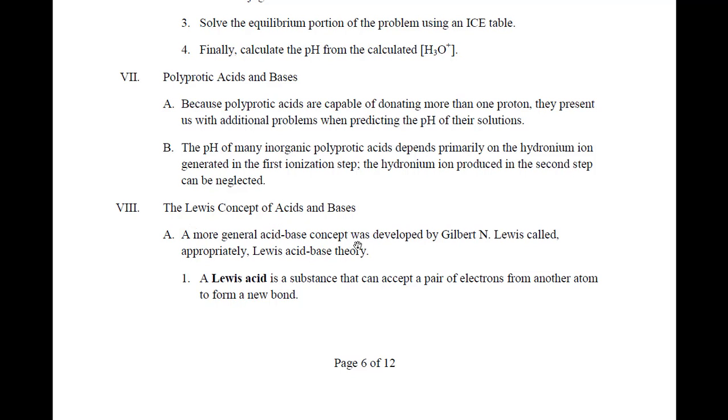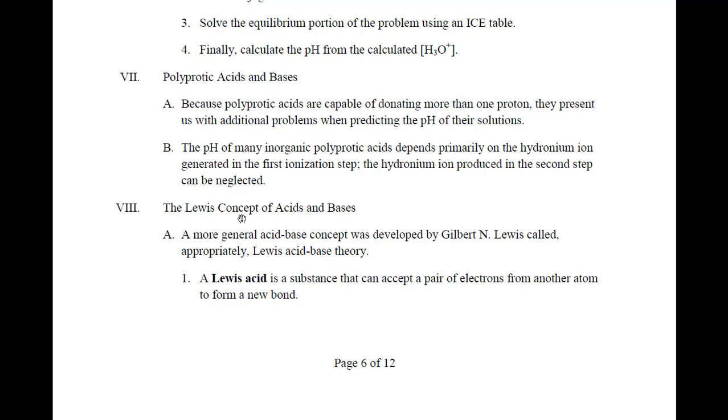The Lewis concept of acids and bases we will come back to in deeper detail when we talk about coordination compounds and all the transition metal complexes. But especially when you get to organic, the Lewis concept will eventually take over. You will use the Bronsted-Lowry theory insofar as talking about pKa values for the acidity or basicity of various things.